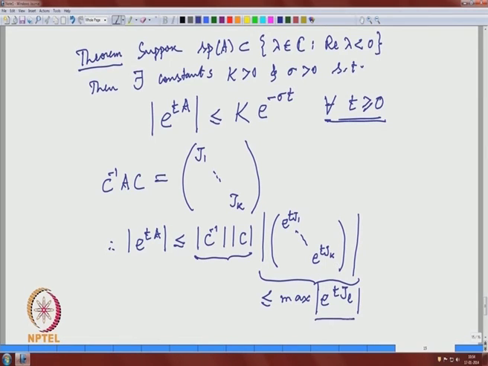And now if you use the previous representation, you see that sigma can be taken as minus half of the maximum of real lambda in the spectrum.